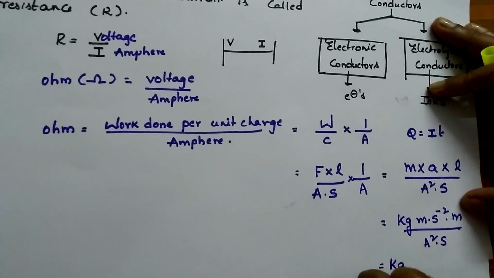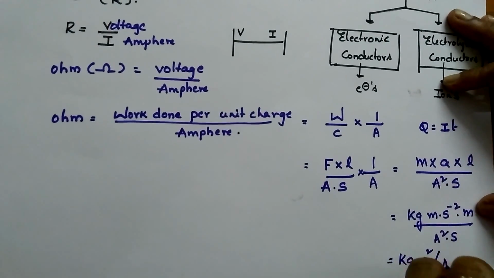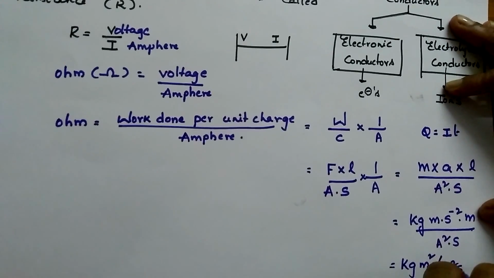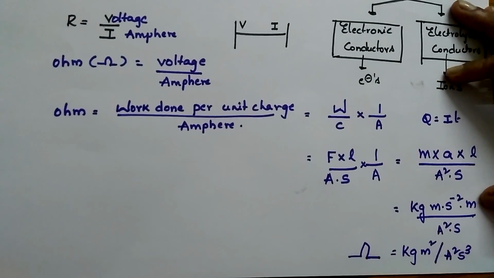So kg meter square by A square S cube is the unit of resistance, ohm.